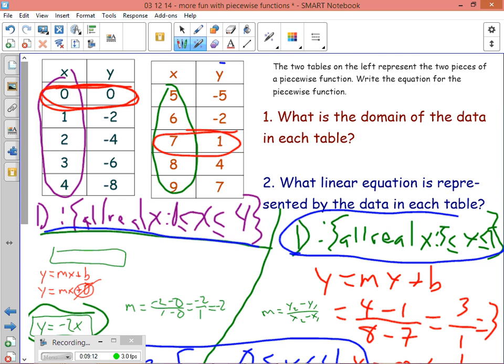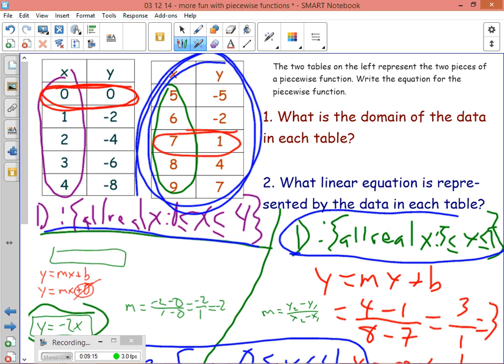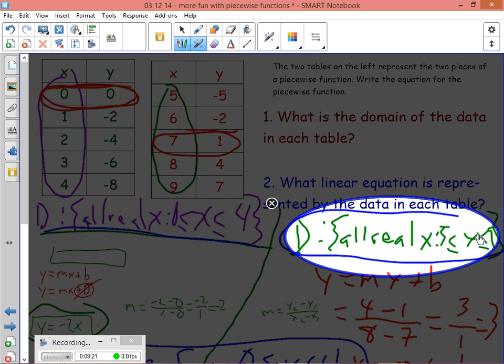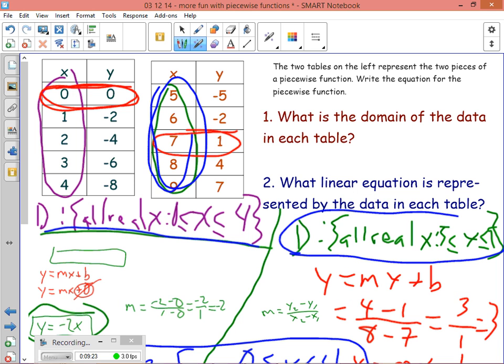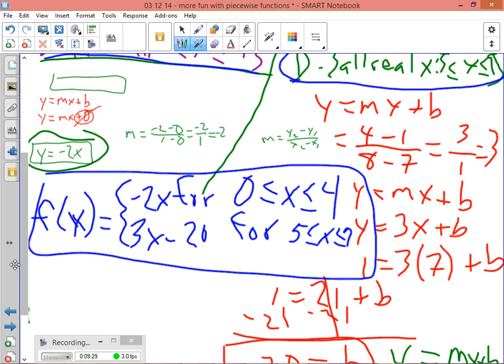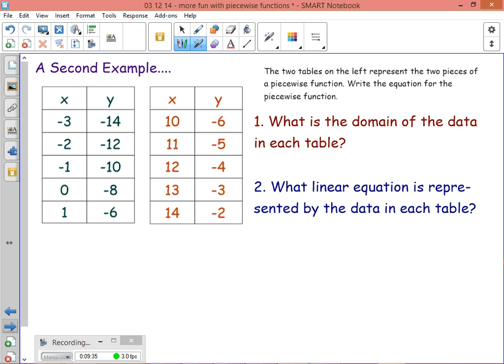The second part, I have to find the domain of the second table. That's right here. Remember, it's really just all of the x values. That's my domain. And I find the equation of this table, which I've done lots and lots of times before, and I put the equation there, and domain there. I'm done.